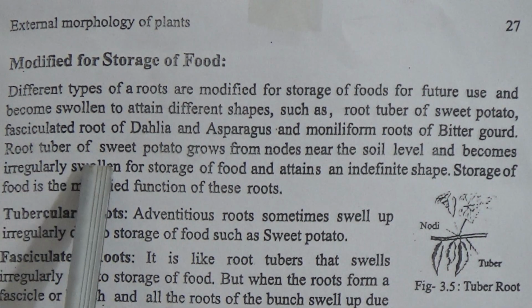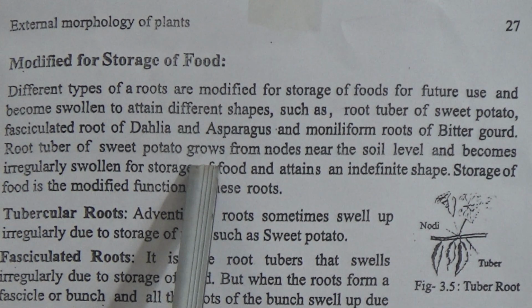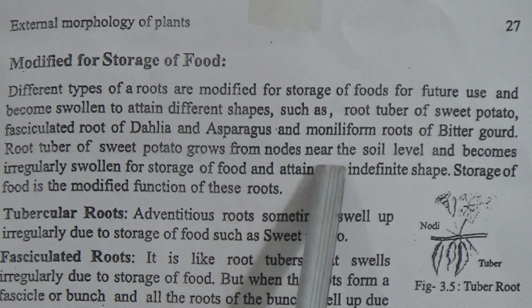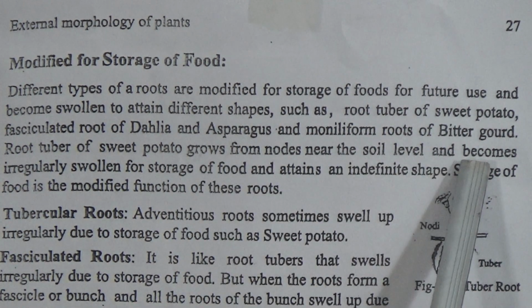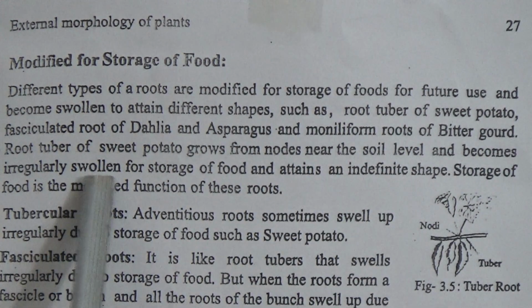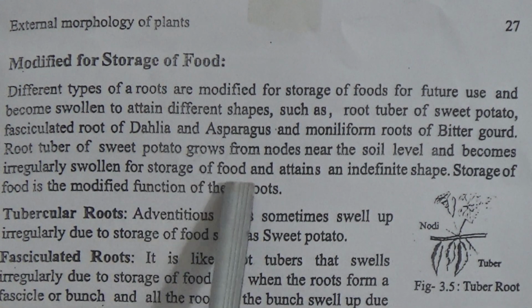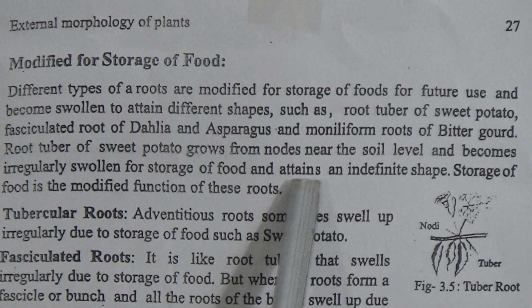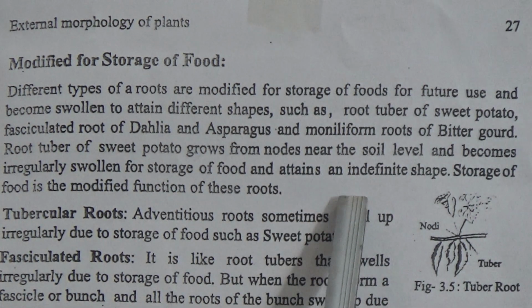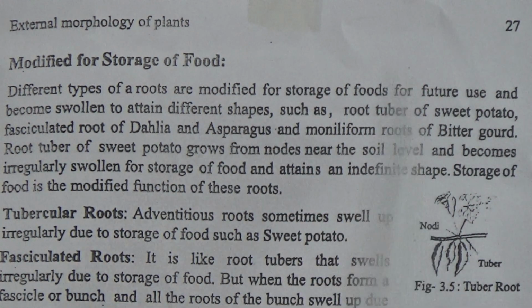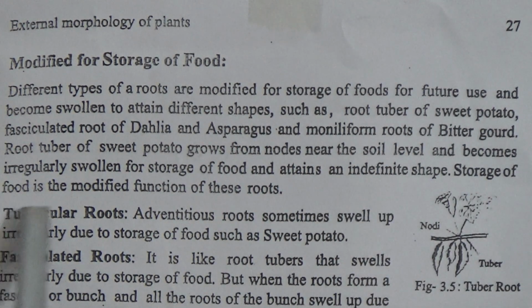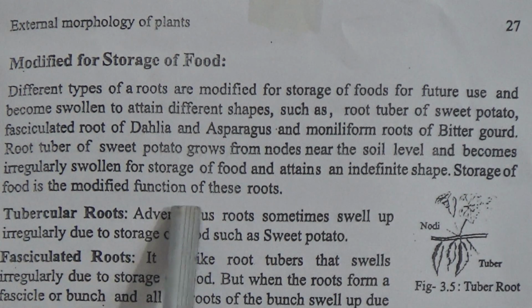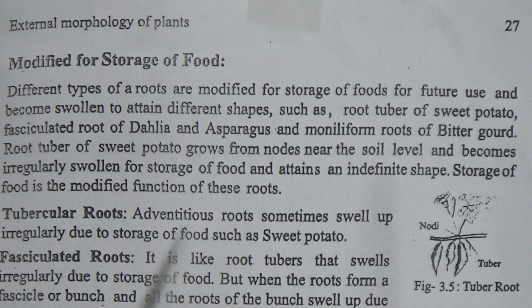Root tuber of sweet potato grows from nodes near the soil level and becomes irregularly swollen for storage of food and attains an indefinite shape. Storage of food is the modified function of these roots.